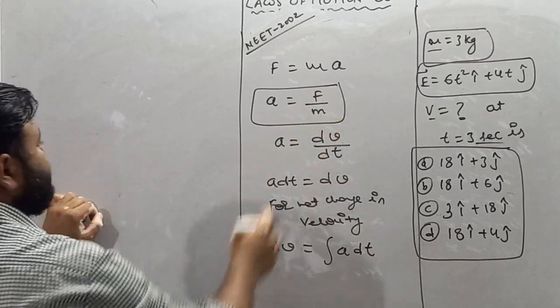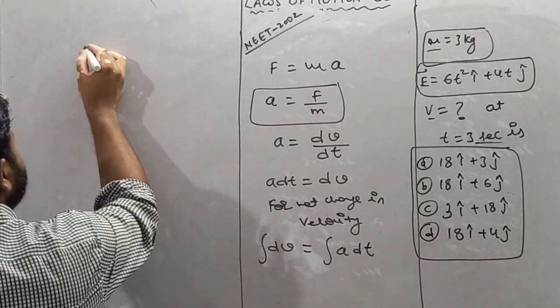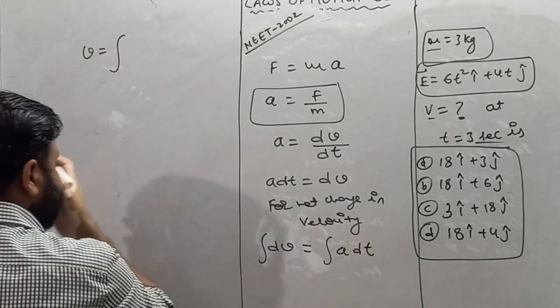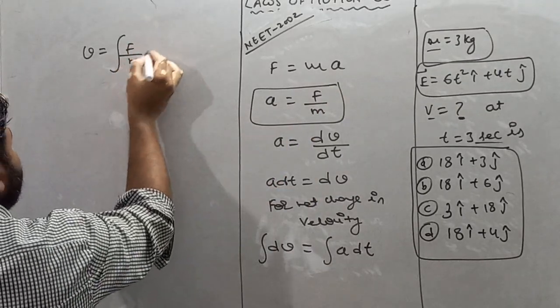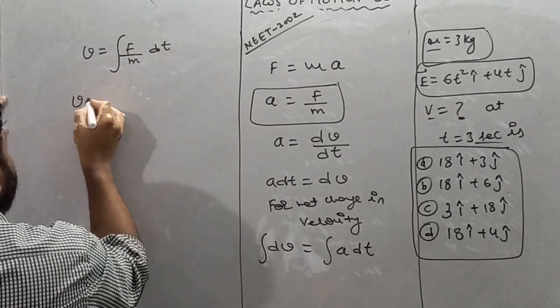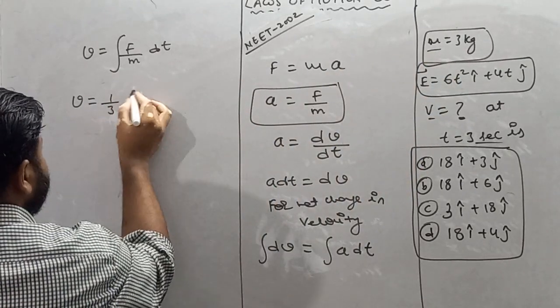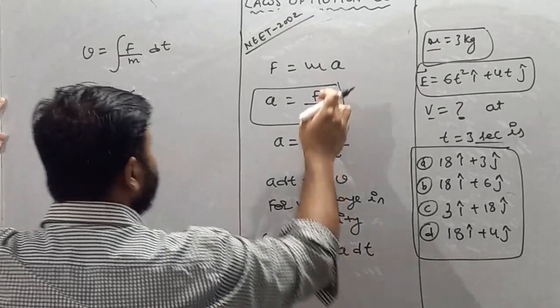Now see, acceleration we know is F by m. Integration of dv is v, which equals the integral of a dt, that is force upon mass into dt. So v equals, mass must be constant, so 1 by 3 comes outside, integration of force into dt.